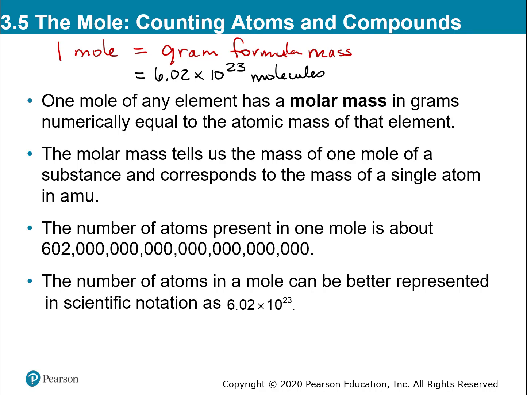So 6.02 times 10 to the 23rd is 602 and 21 more zeros after it. That's a lot, because atoms are so very small.